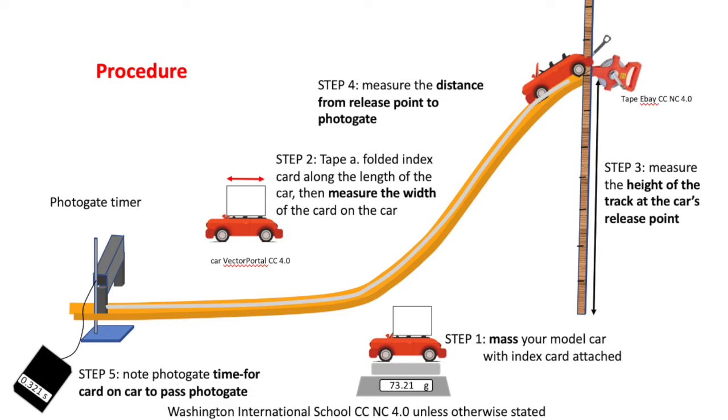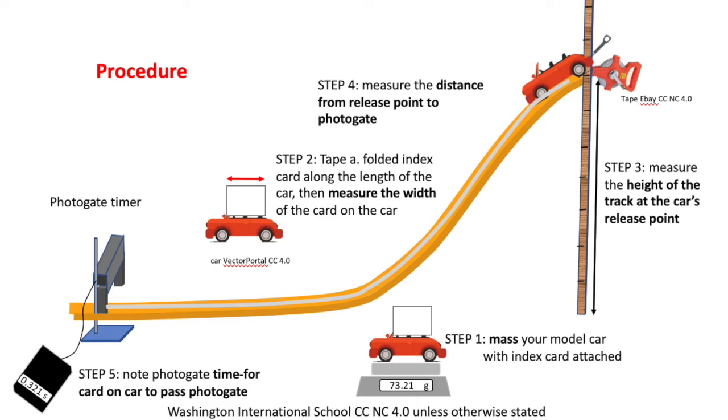And so here's the procedure. Step 1, middle at the bottom, mass your model car with the index card attached, so the card is in line with the car and it's high enough to register through the photo gate, but not so high that it doesn't stop the car. Step 2, measure the width of the card.